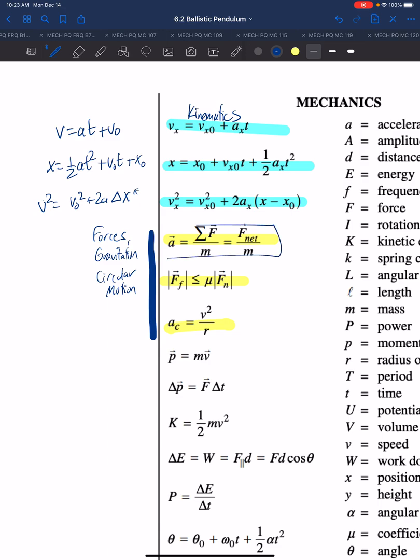And this formula here, the very first one, we recognize as Newton's second law, which is F net equals ma, and F net is the sum of the forces, just rearranged.